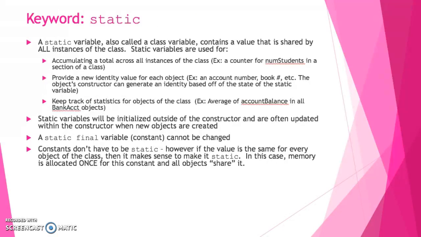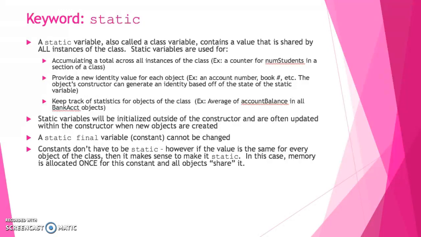Static is another keyword that we will see in Java, and static is what we refer to as a class variable, or if it's a static method, that is a class method. And static variables are going to be shared among all instances of a class.